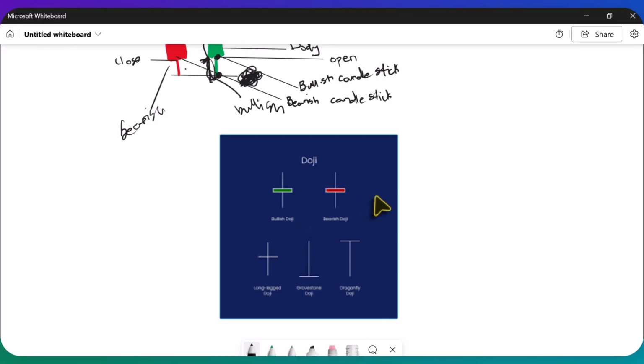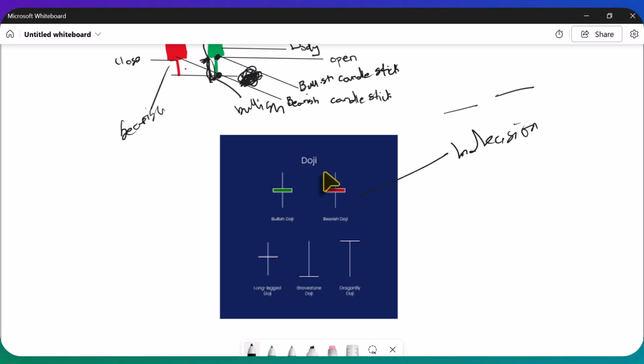So now let's look at some key candlestick patterns. The example that you have seen on the screen is called a doji candlestick. Now, this doji candlestick shows what we call indecision, meaning there's no buying pressure and no selling pressure.